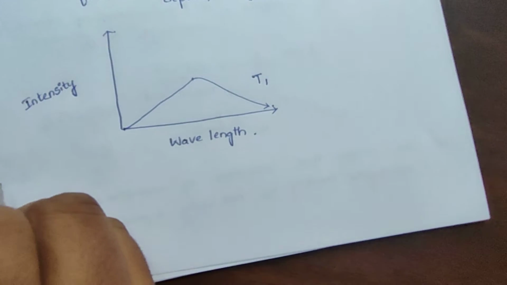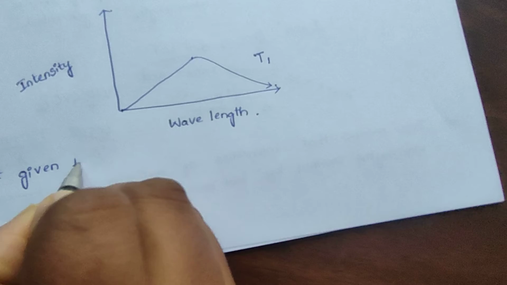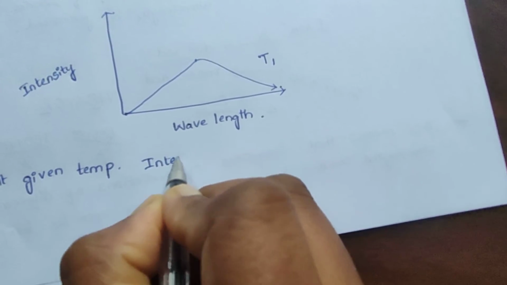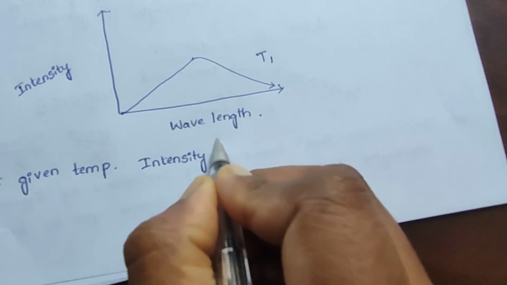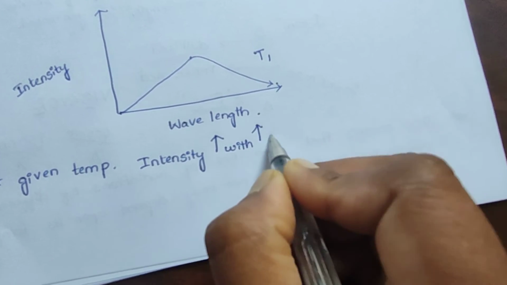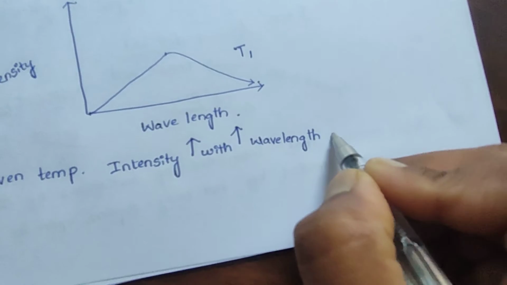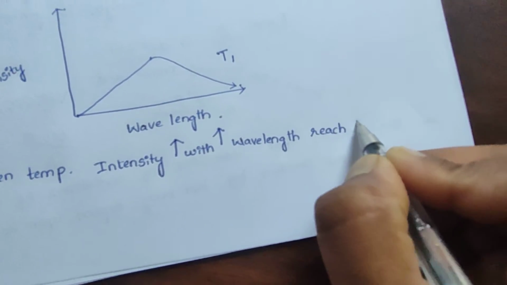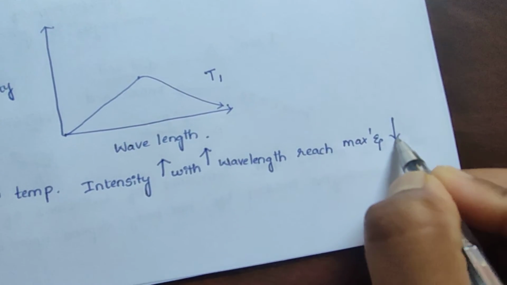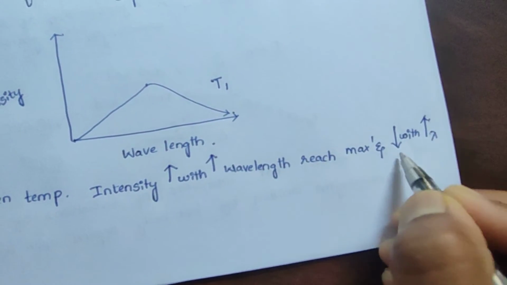So at a given temperature, intensity increases with increase in wavelength, reaches a maximum value, and then decreases with increase in wavelength.